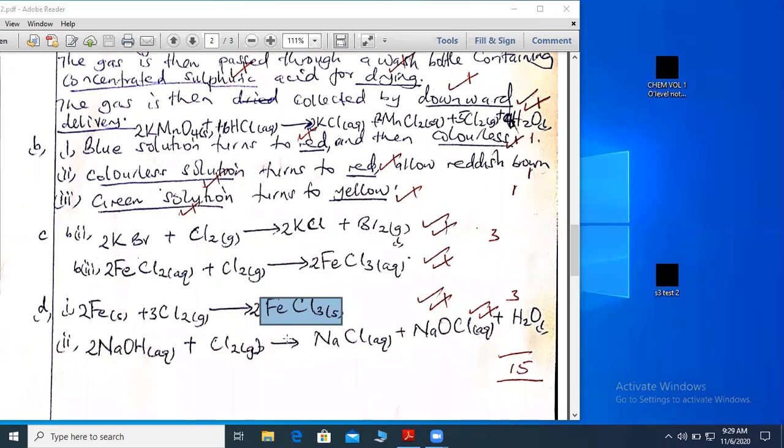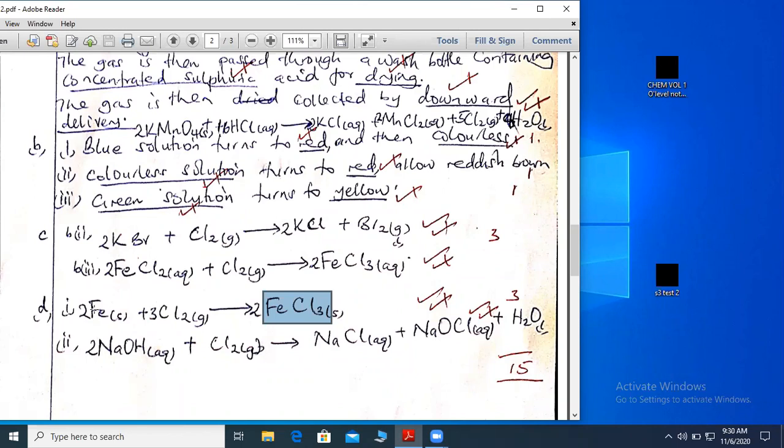But what is important for you to note is to avoid this confusion. Chlorine with pure iron metal, you form iron 3 chloride. And hydrogen chloride with iron forms iron 2 chloride plus hydrogen.